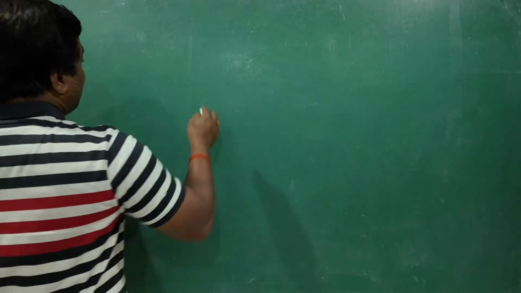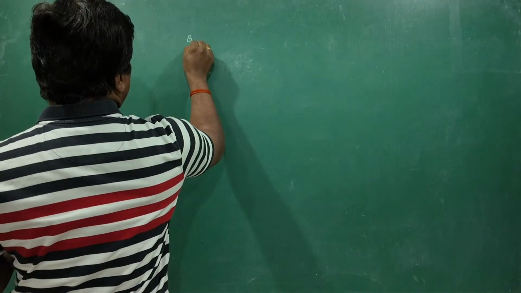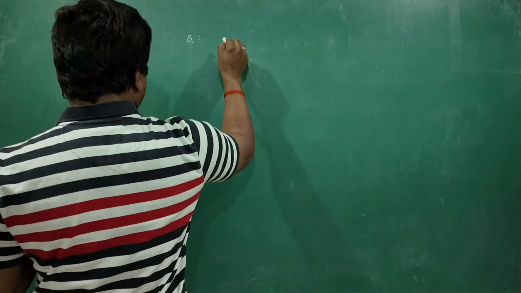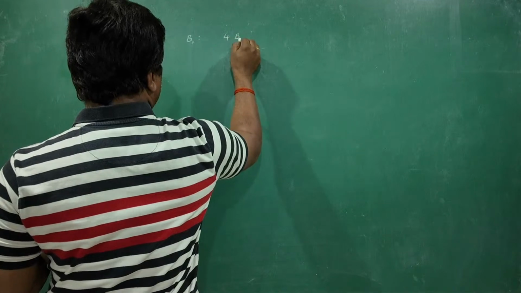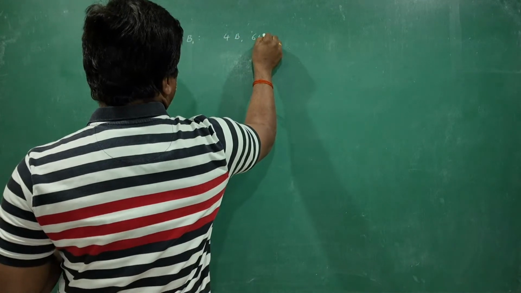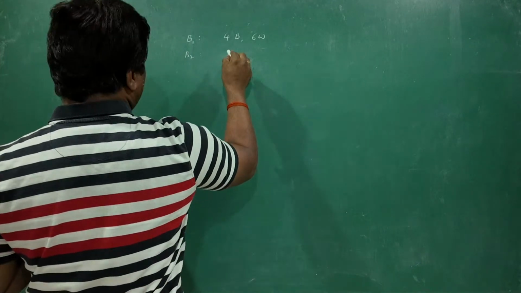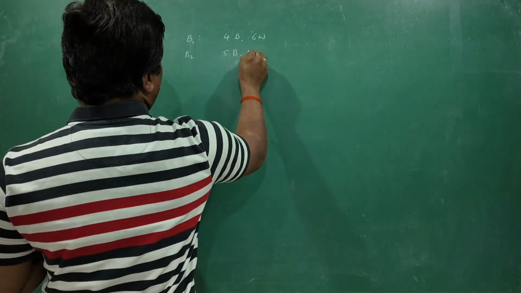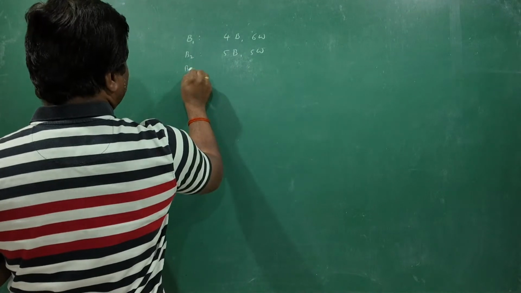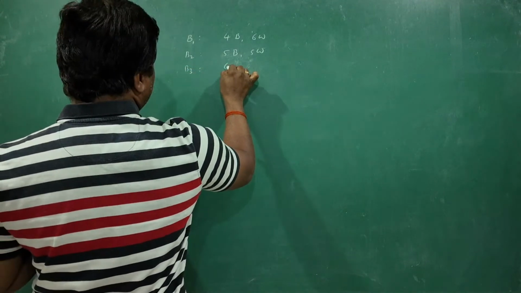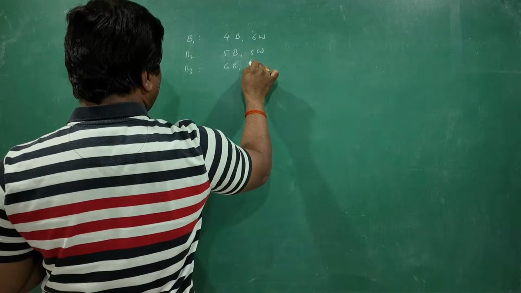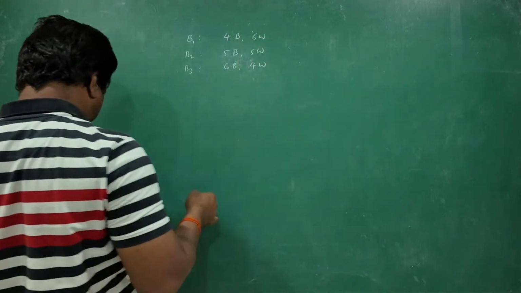See, given that bag 1 contains 4 black balls and 6 white balls, and the second bag contains 5 black and 5 white. Next, the third bag contains 6 black and 4 white.